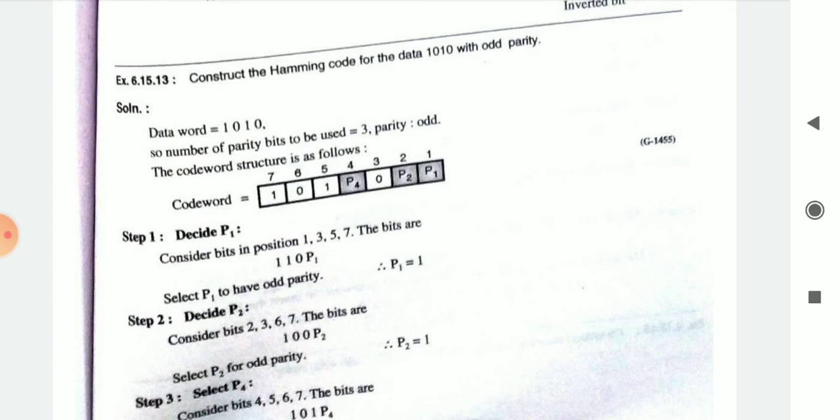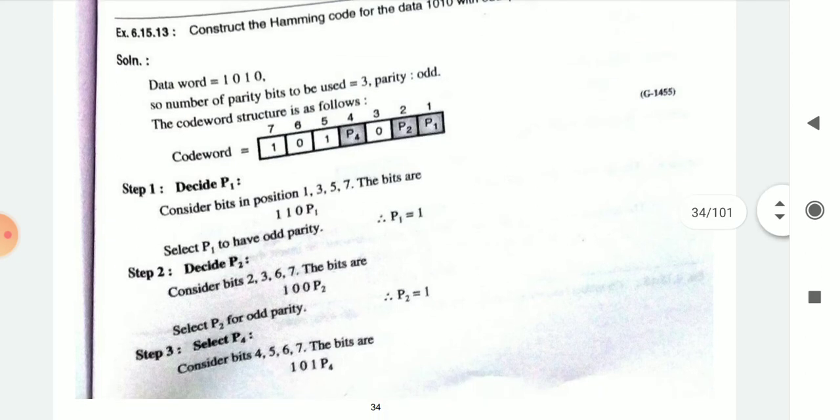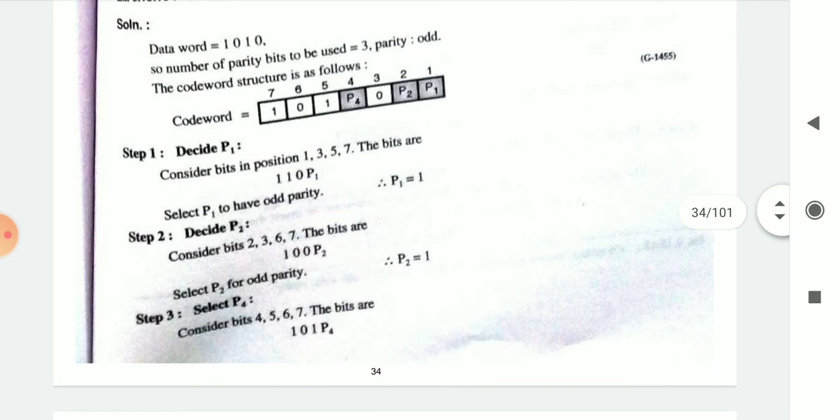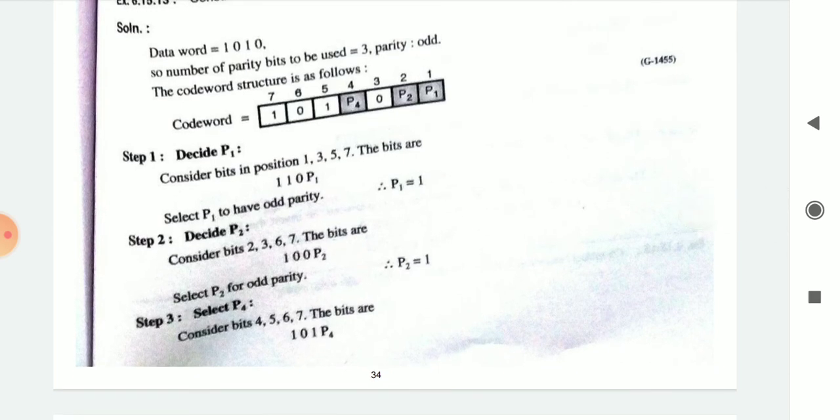The data word is equal to 1010, given. The number of parity bits to be used is equal to 3. The code word structure is as follows: 1 0 1 p4 0 p2 p1.